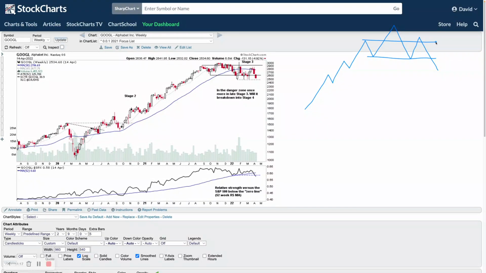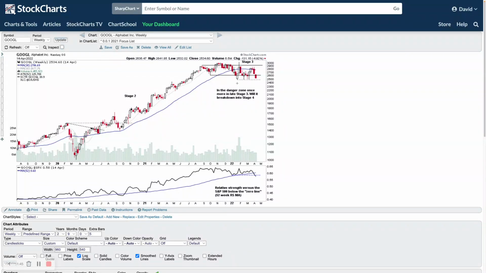But as you can see, the entire stage 3 base structure actually started much earlier when you were still in late stage 2, but you don't know you're in stage 3 until this point here. So that's one of the common misconceptions with stage analysis: how to identify stage 3. So look for that change of behavior, and in Google's case here, we had that change of behavior at this point in here at the start of the year.